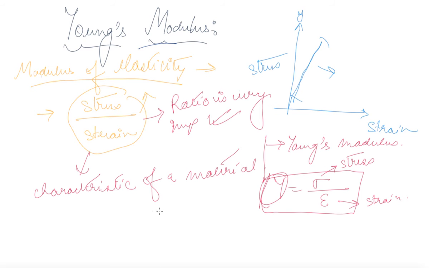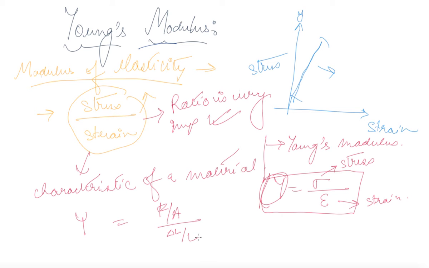Now, stress is what? F by A. For Young's modulus, I have stress to be F by A and I have strain to be the change in length upon length, that is del L upon L. So, this is what I can write.